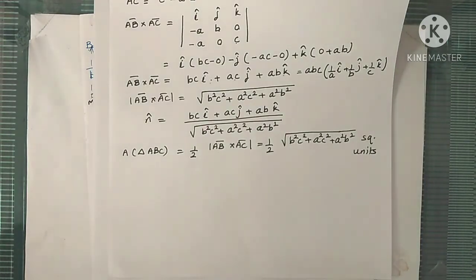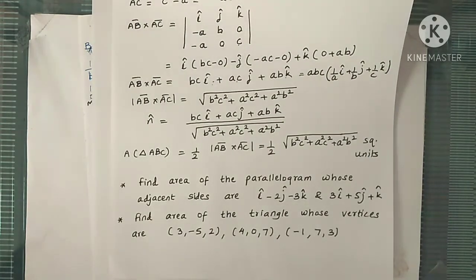Okay. I hope you understood this concept of cross product as area of the parallelogram. See, we have a scalar area as well as vector area. So for scalar area, we have to take modulus of the adjacent sides. Okay, in the next video we will see area of the parallelogram in terms of diagonals of the parallelogram.